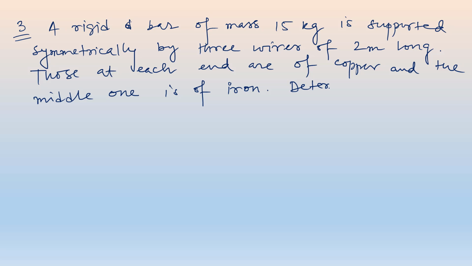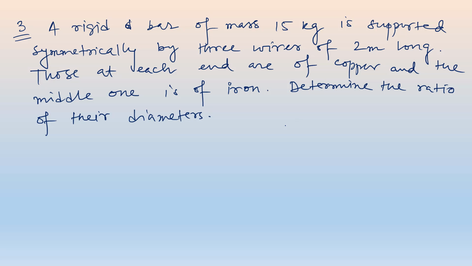Determine the ratio of their diameters. A rigid bar of mass 15 kg is supported symmetrically by three wires of 2 meter long. Those at each end are of copper and the middle one is of iron. Determine the ratio of their diameters.